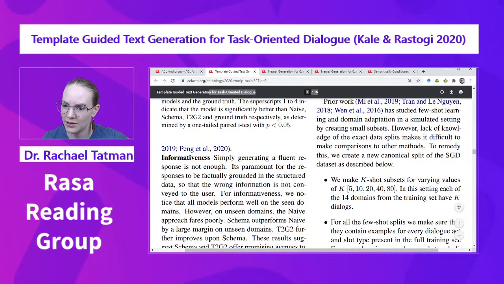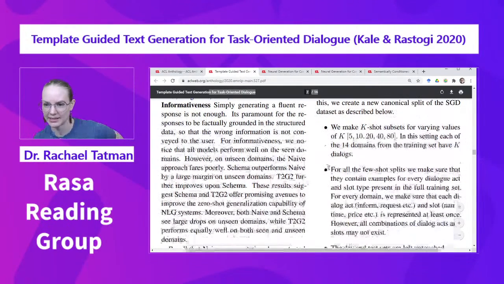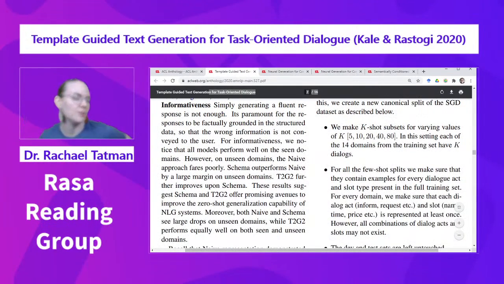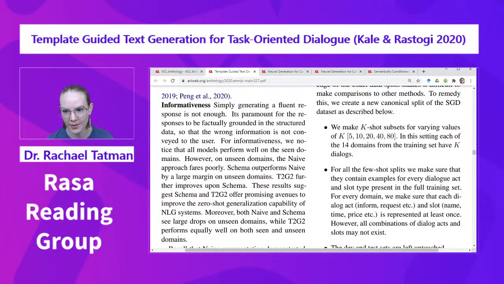To remedy this, we created a new canonical split of the SGD data sets as described below. SGD being one that was like seen and unseen. We make K-shot subsets for varying values of K: 5, 10, 20, 40, 80. In this setting, each of the 14 domains from the training set has K dialogues.